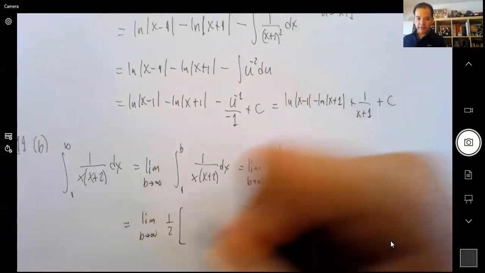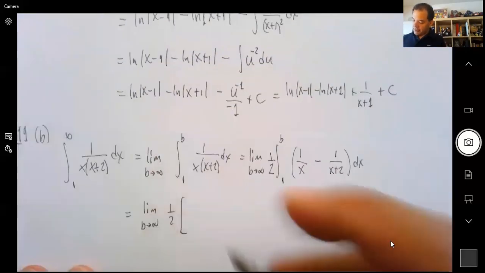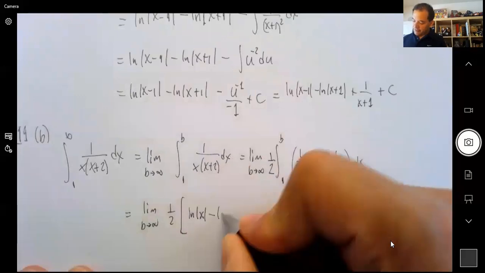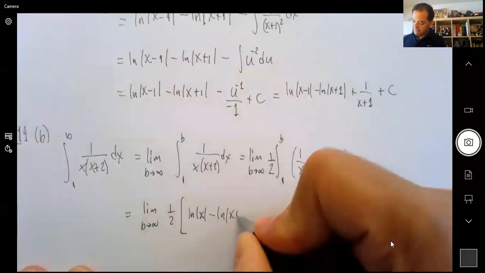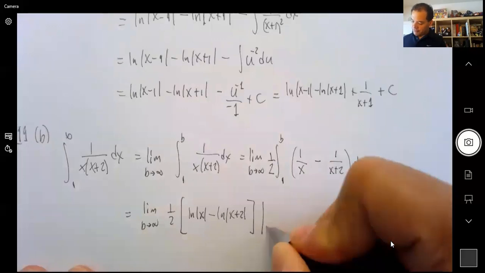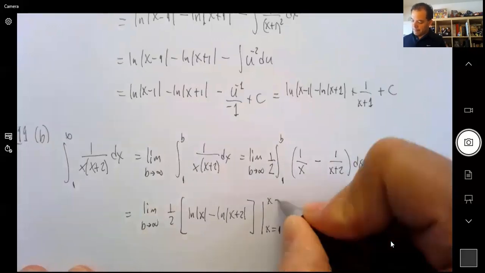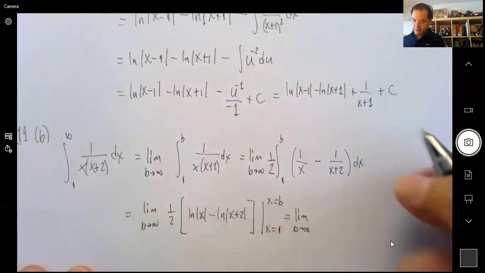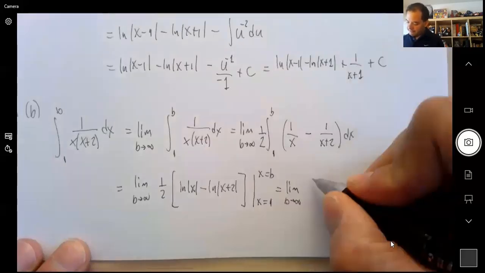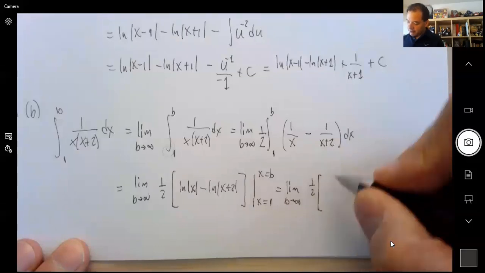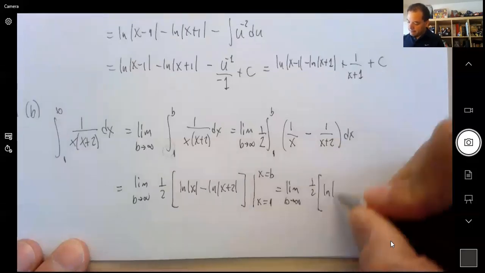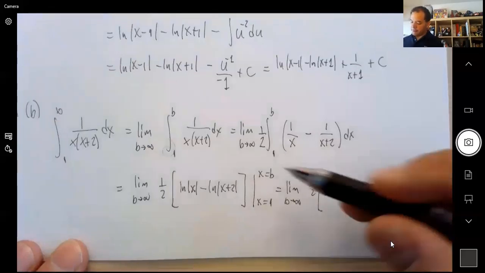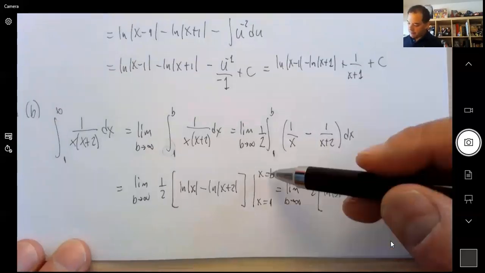So we integrate. The integral of this one is ln x. And the integral of this one is ln of x plus 2. And we're supposed to do it from 1 to b. So the first one is ln of b minus ln of b plus 2. And I don't need the absolute values because b is going to be big and positive.